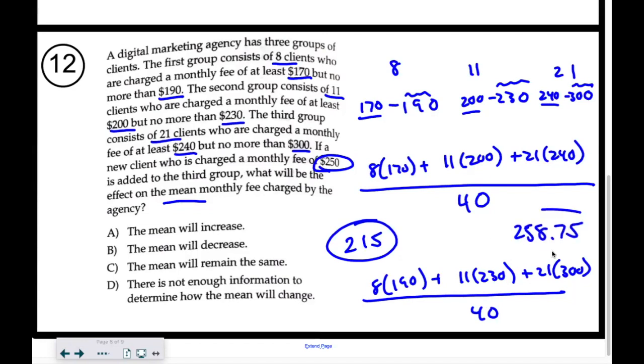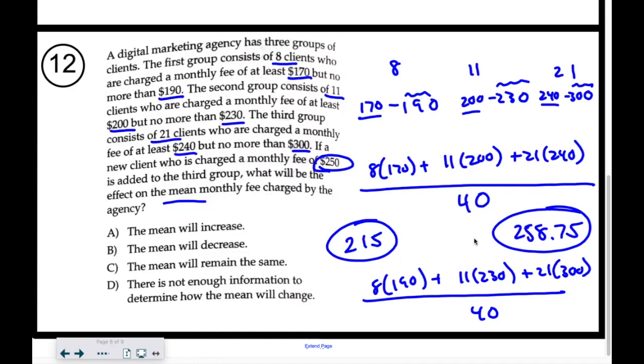Well, here's the thing. We know from this information that the mean is definitely between those two values, but we don't know what. They didn't give us enough information. So when I add a value of 250, I don't know whether that will increase, decrease, or make the mean the same, because we don't know exactly what the mean is.